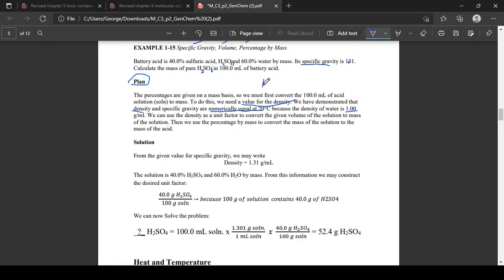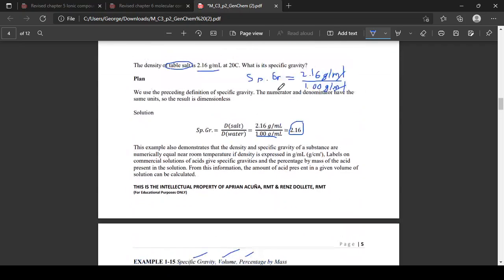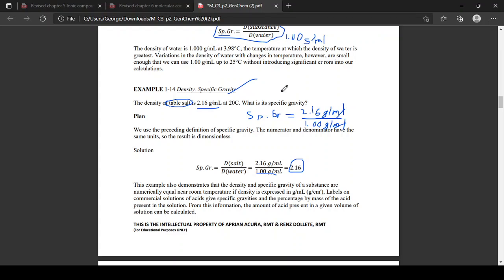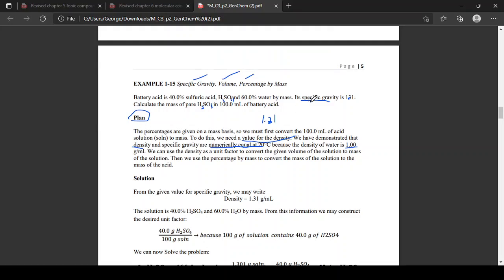Kids, ang 1.31 nga na, ang specific gravity, it is numerically equal kids, ang yung specific gravity kag inyong density. Kay specific gravity ginatag, simply add grams per ml, and it is now your density.